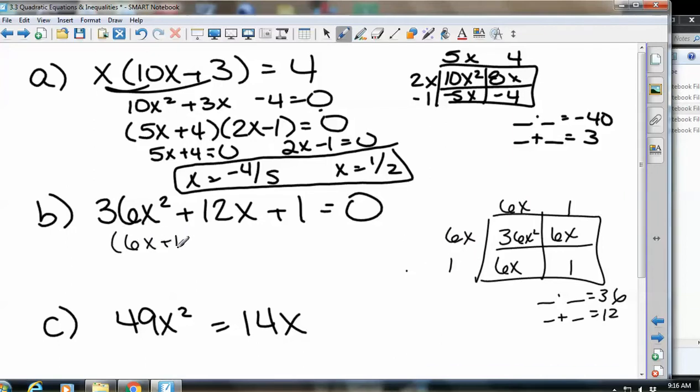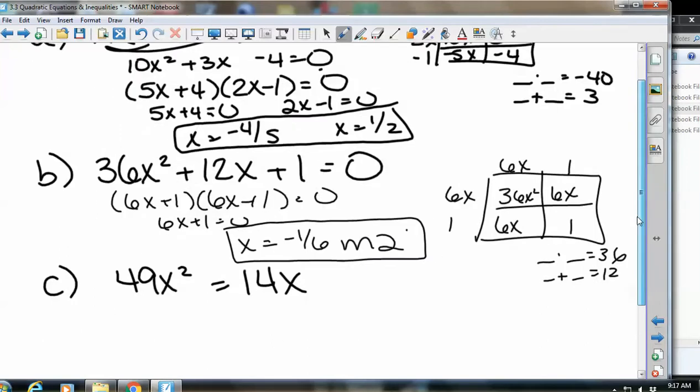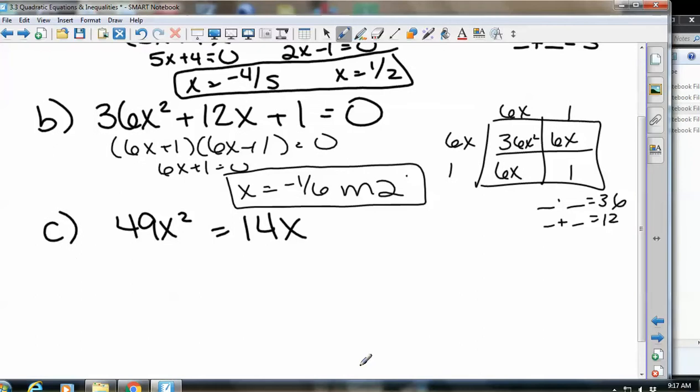So you can write it twice, you can just put it once squared, it doesn't matter. So when you set it equal to 0, you get negative 1/6. It came up twice, so multiplicity 2.